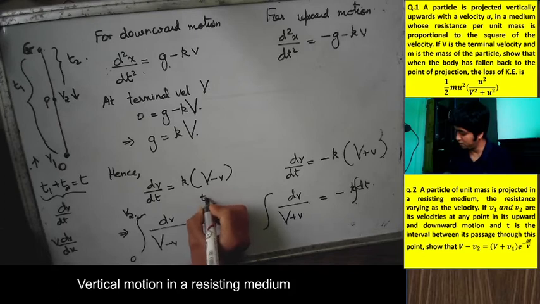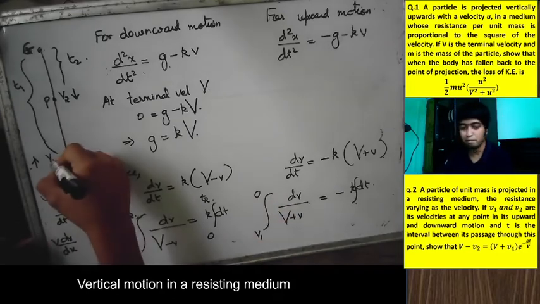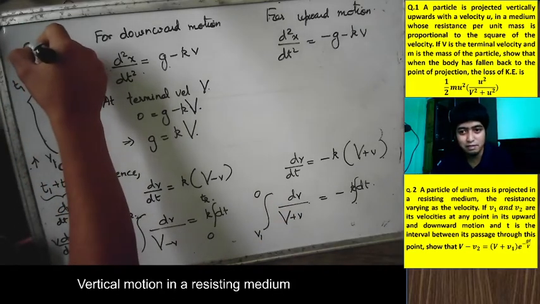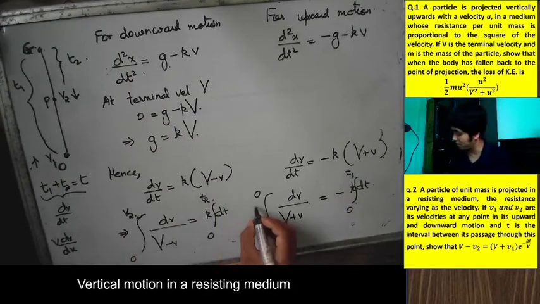And for the upward motion, the velocity is from v1 to 0, since the velocity at the highest point is 0, and the time is from 0 to t1. So this is what we will be having.